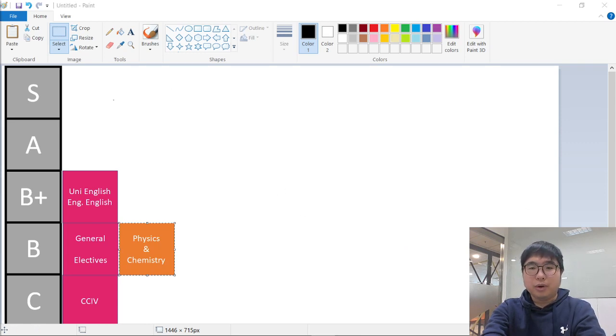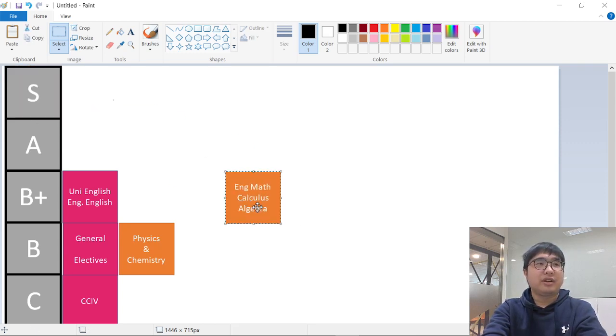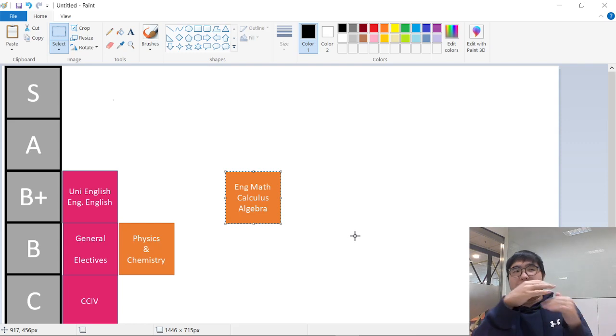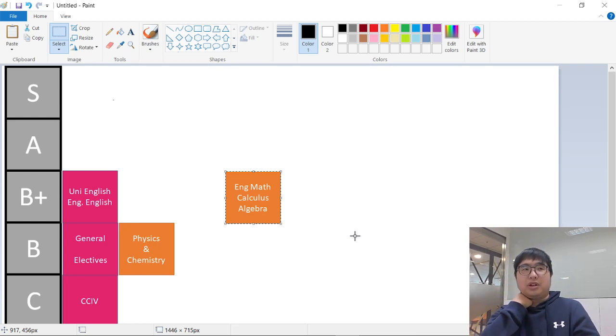So coming up as well are the math courses that we have in engineering. For EE students, you have to take three collective courses, but they have pretty weird curriculum structures. The three courses would be a collection of engineering math, calculus, and algebra.